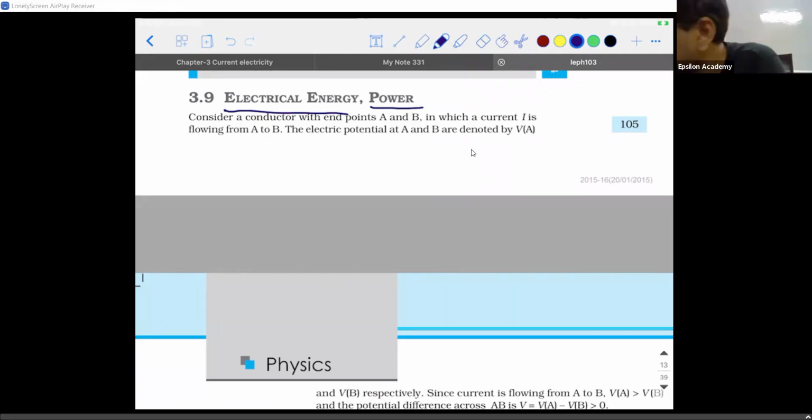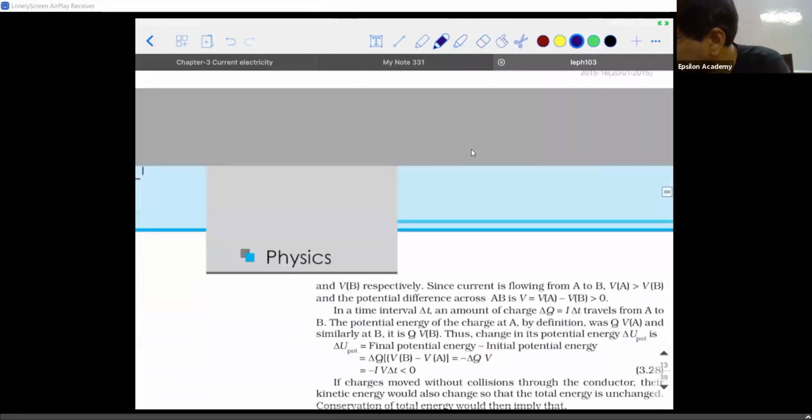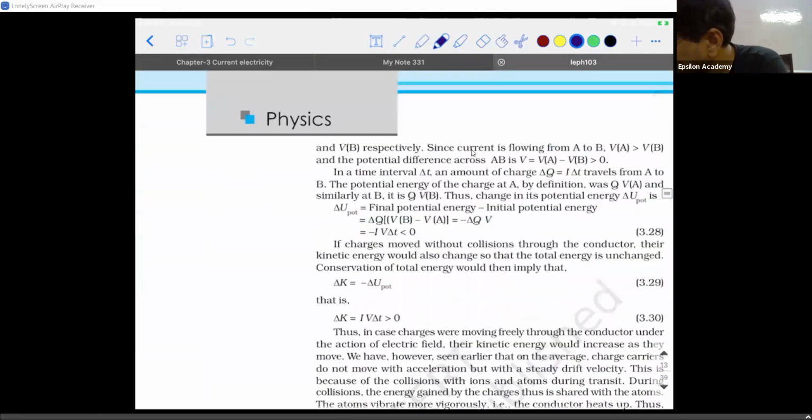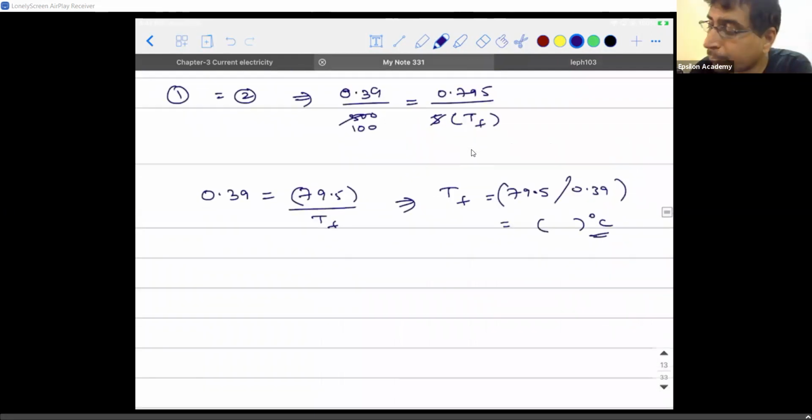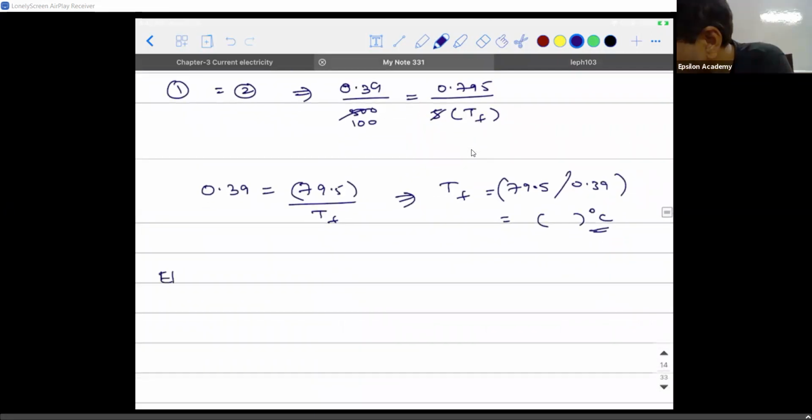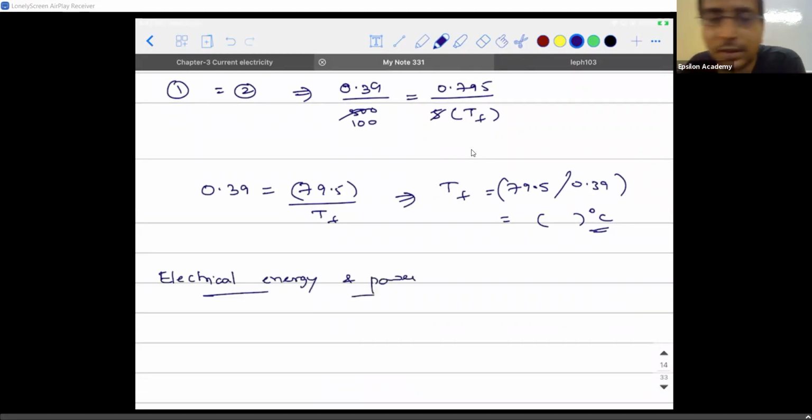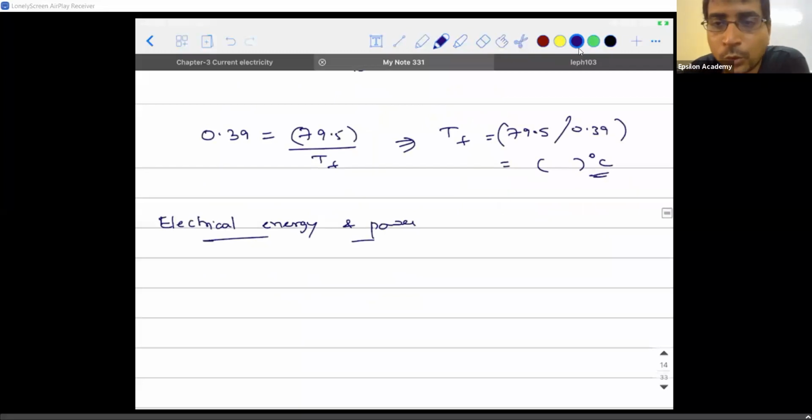Okay. So next is electrical energy and power. This is also a concept from your 10th standard. First, let me discuss things mathematically, then we can go to the understanding part.